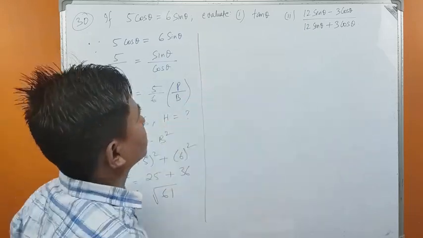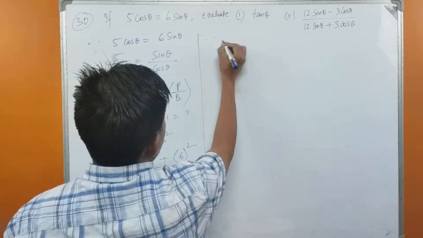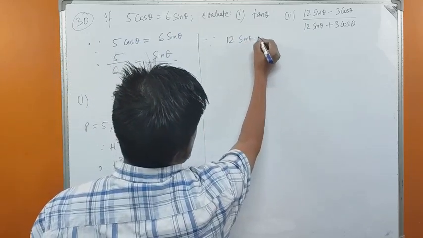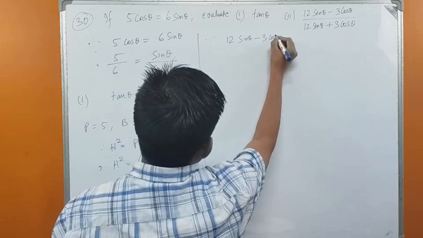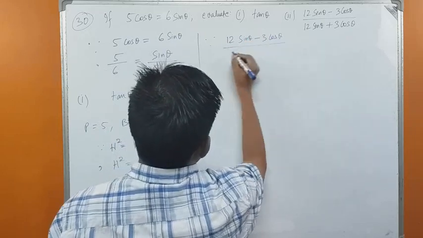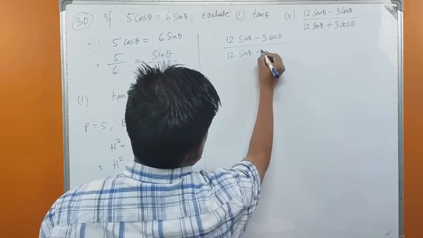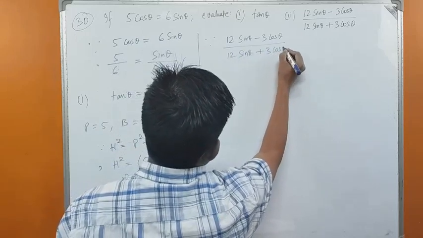Now let us find the value of that expression. Question number 2: 12 sin theta minus 3 cos theta whole upon 12 sin theta plus 3 cos theta, isn't it?